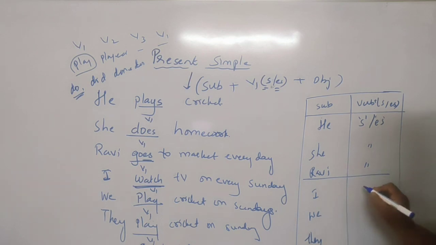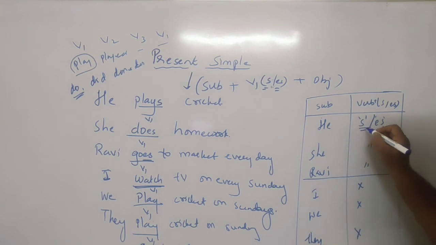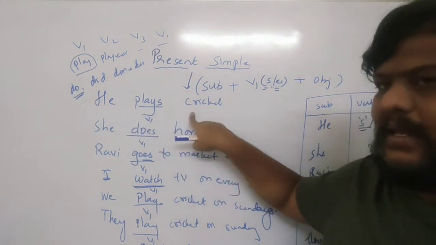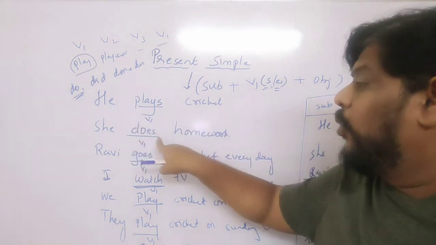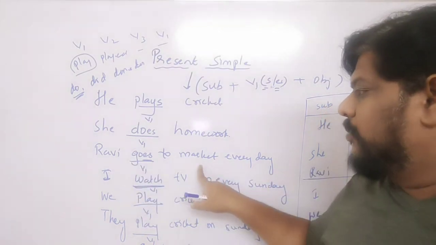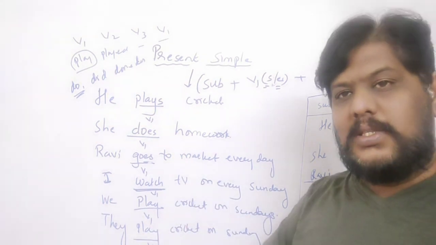But we cannot use this with the others. When you are starting the sentence with I or we or they, we will not use S or ES form. He plays cricket. I play cricket. She does homework. They do homework. They does homework is a wrong statement. Ravi goes to market, but we go to market. We goes to market is a wrong sentence.